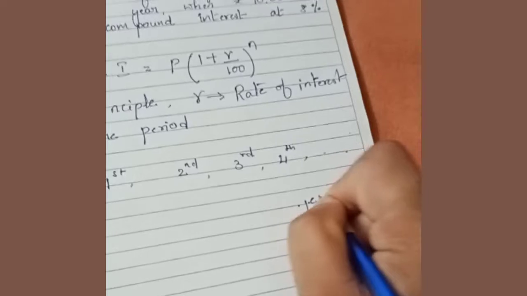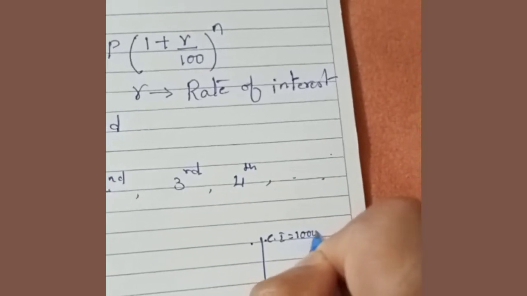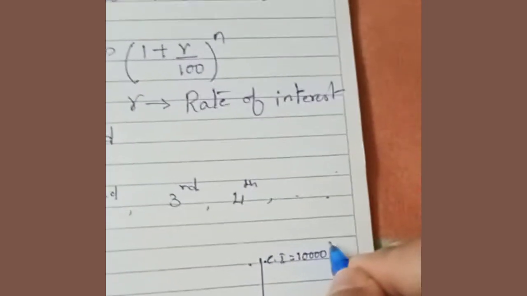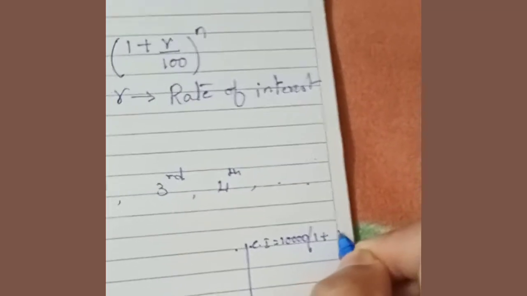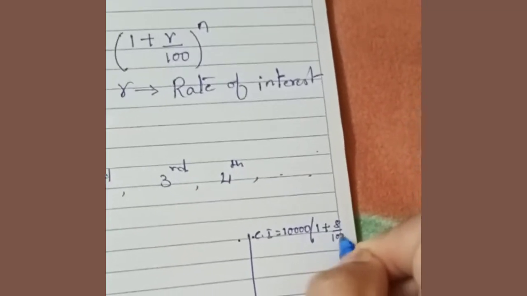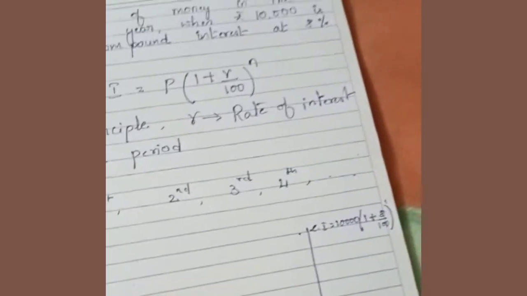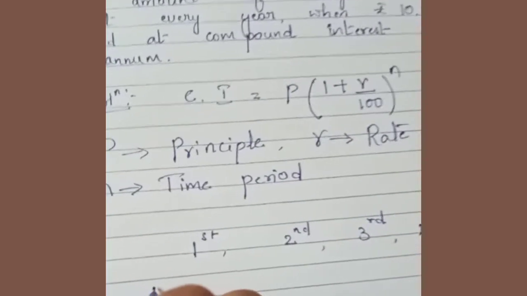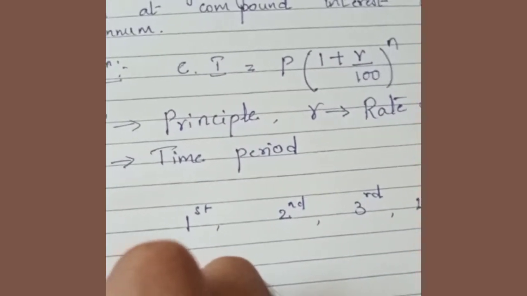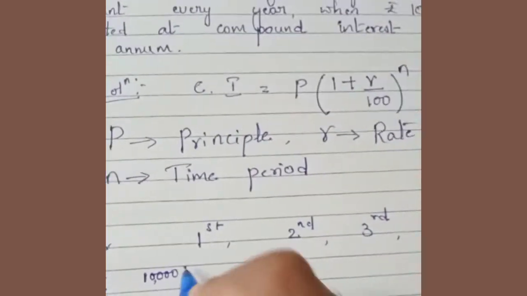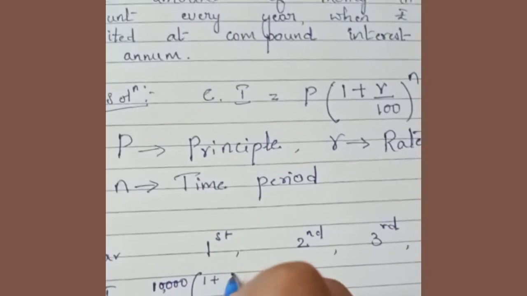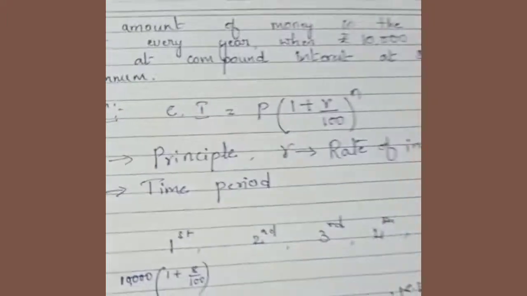So compound interest for the first year, it is principal 10,000 of 1 plus 8, rate of interest is 8%, by 100 whole to the power of 1. So whole to the power of 1 means that we are going to get the same thing. So for the first year, the compound interest is 10,000 of 1 plus 8 by 100.